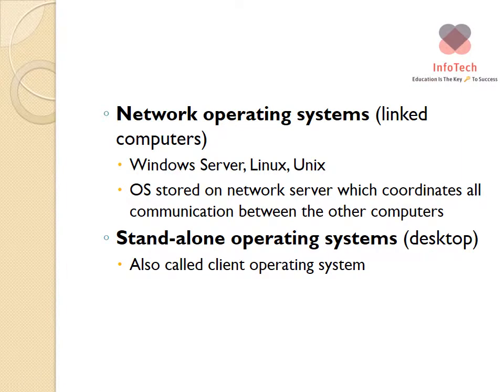So these link computers together, such as your Windows Server, your Linux, your Unix. So your operating system is stored on a network server which coordinates all communication between the other computers. And also you have your standalone operating system, which is used on desktops. So it's also called a client operating system.